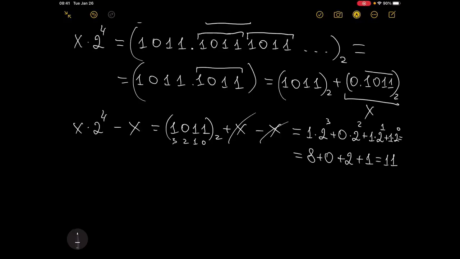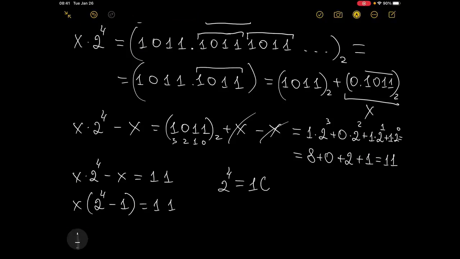Any questions? So as a result, I got the following equation. x multiplied by 2 to the 4th minus x equals 11. So I can factor out x: x times (2 to the 4th minus 1) equals 11. 2 to the 4th is 16.